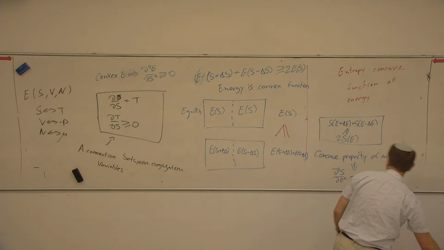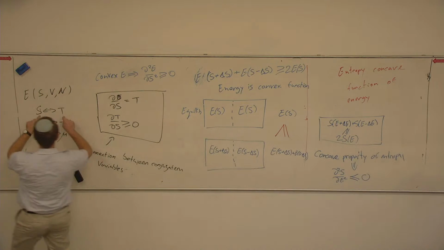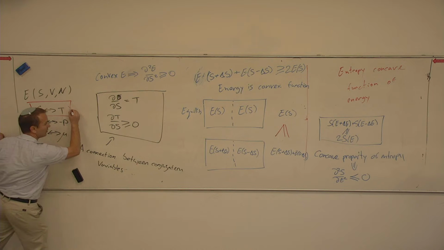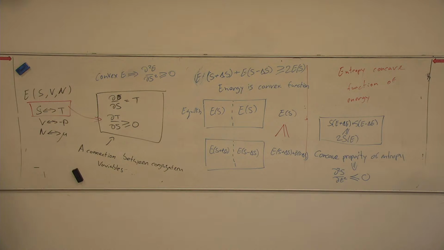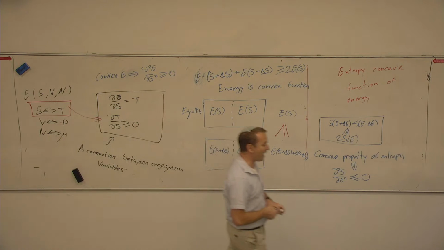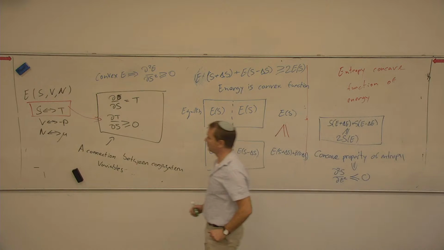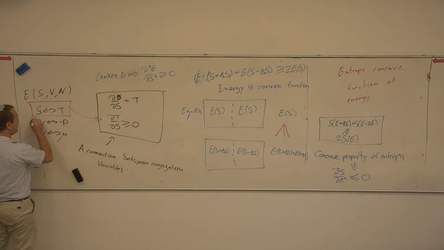And we know how T and S are related. So we can ask the following question. If it happens for one conjugated pair, what will happen to the others?